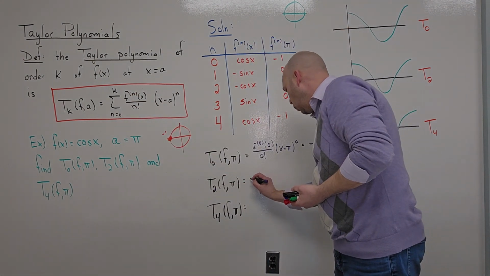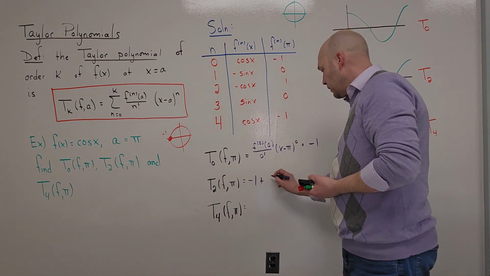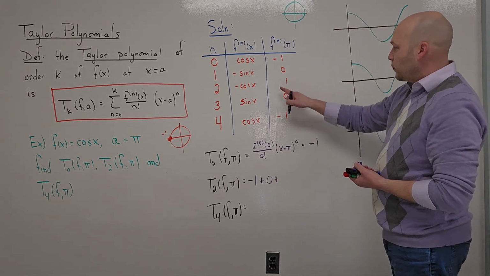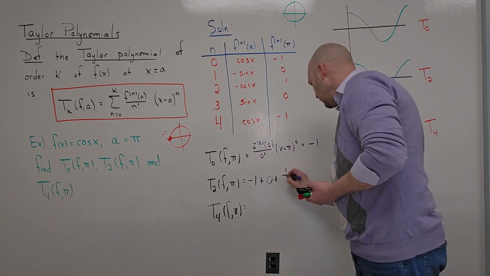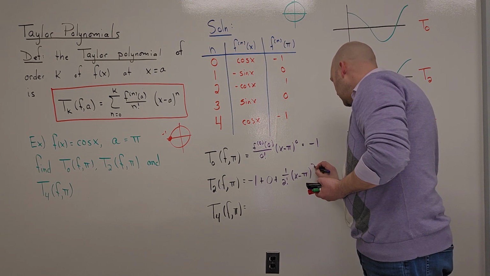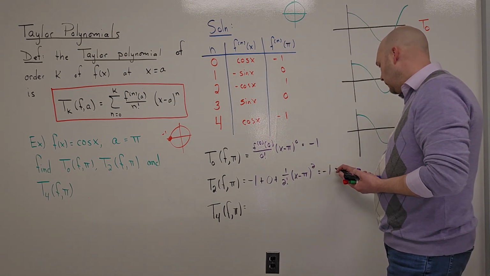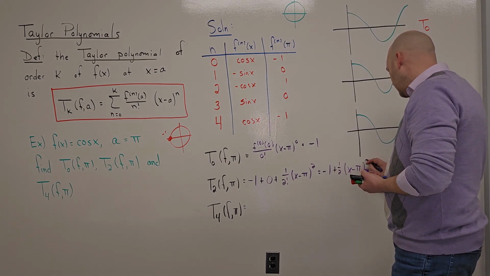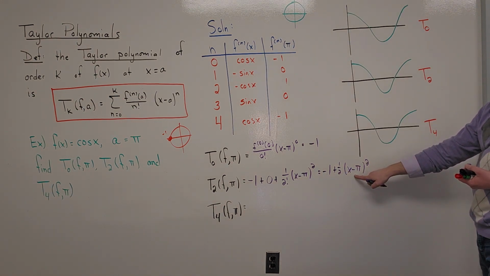So I would have negative 1 plus 0 for n equals 1, and then plus when n is 2, the derivative would give 1 over 2 factorial times x minus pi squared, which reduces to negative 1 plus a half x minus pi squared. So this right here would be your Taylor polynomial of order 2.